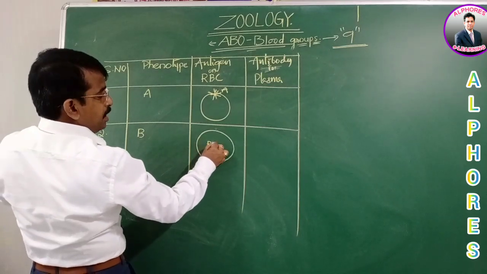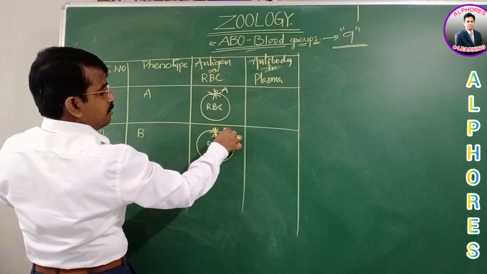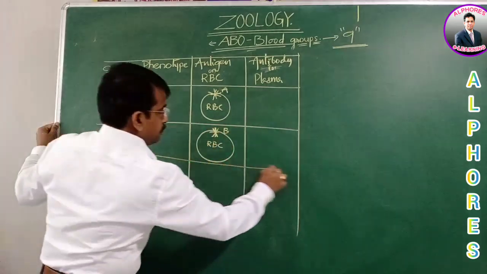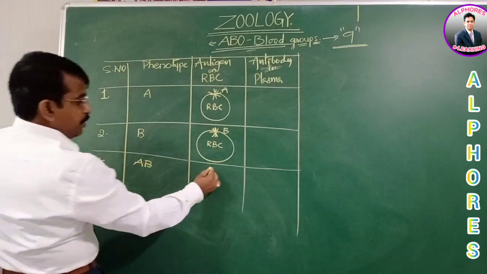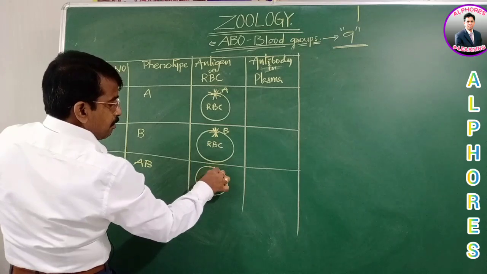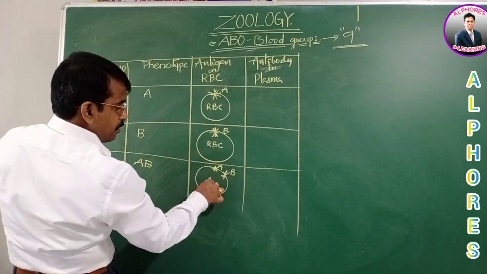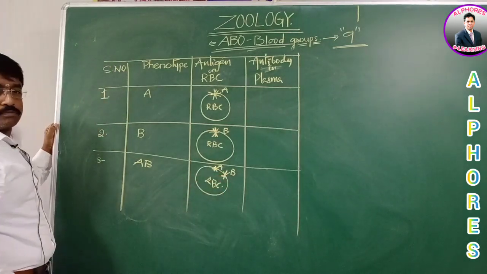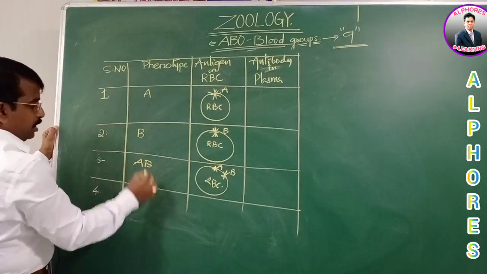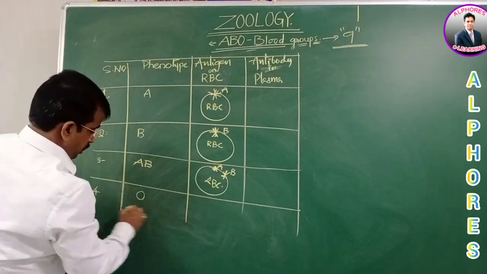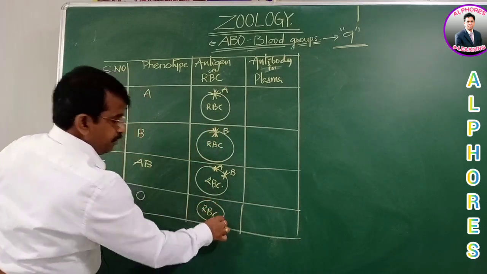In the same manner, the B blood group on its RBC is with the B antigen. Next, the third we refer to is AB. AB is the blood group with the A and the B antigen on its RBC. On its RBC, it is with the 2 antigens. And the fourth one we came across is the O blood group, with no antigen on its RBC.